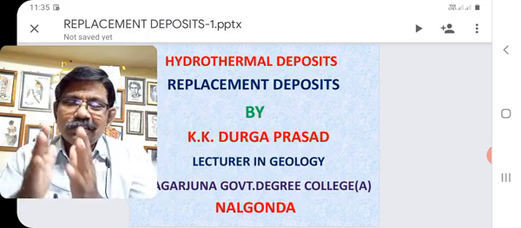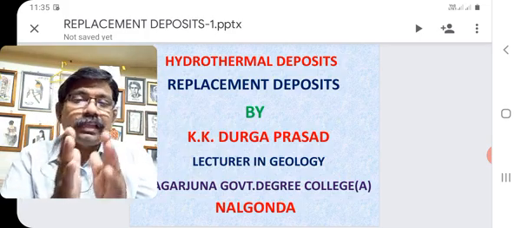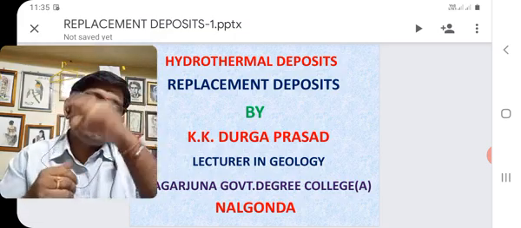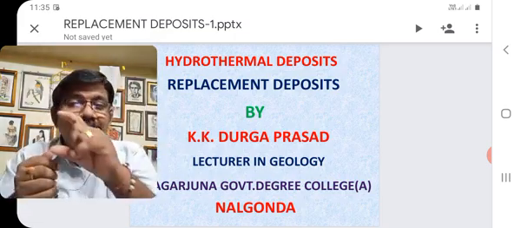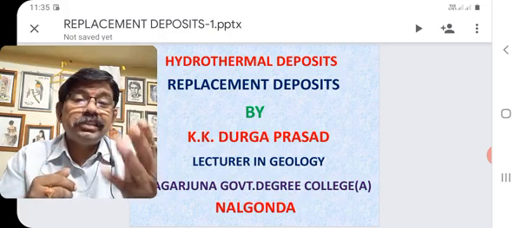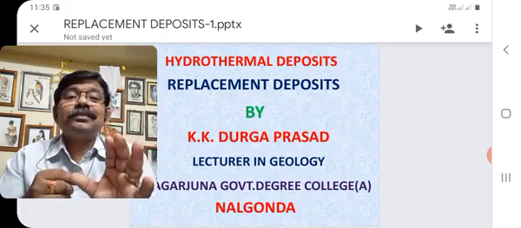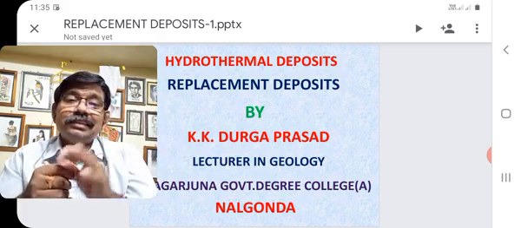The first is the introduction, and the second is how a cavity will be filled. That is a different class. In another class we will discuss how a cavity is filled, as per Bateman and Jensen's classification and Lindgren's work on cavities.